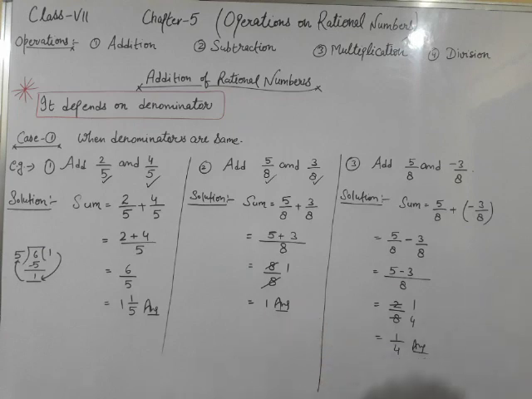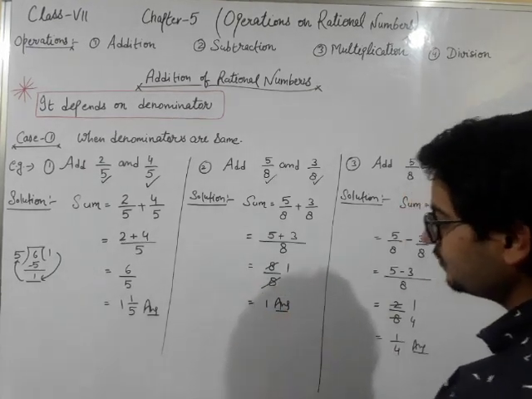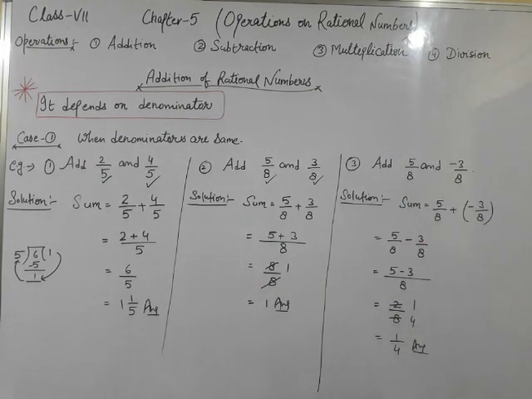Yes, we need to simplify the answer if it is further divisible or if it is not in the standard form of rational number. We studied standard form of rational number in our previous video. If you want to study that topic, then you have to go through our previous video of rational numbers.